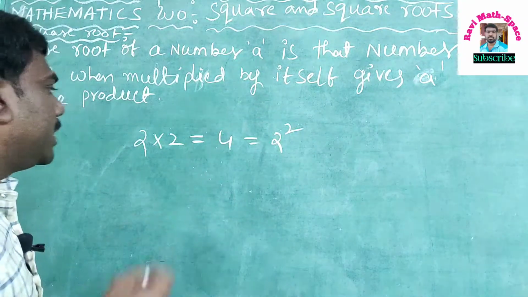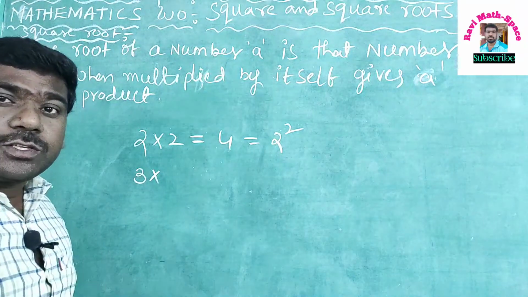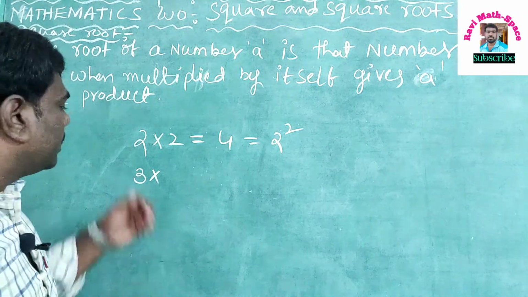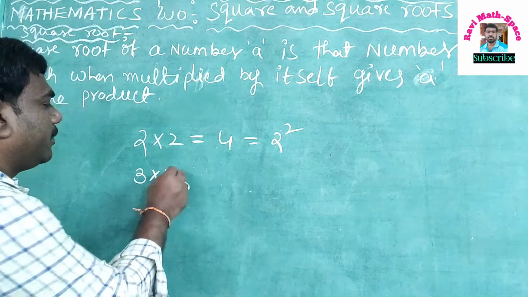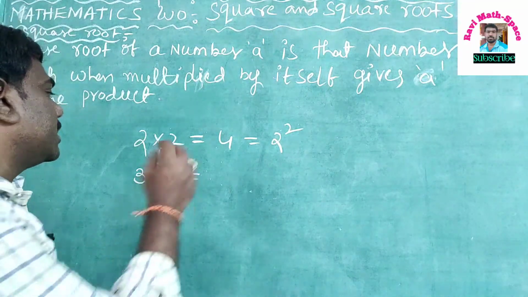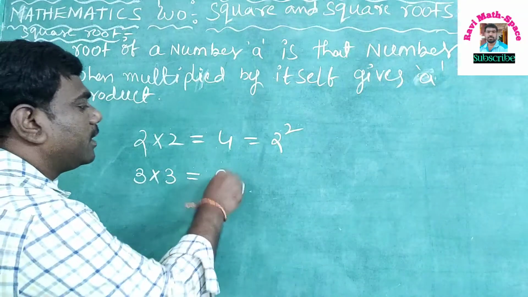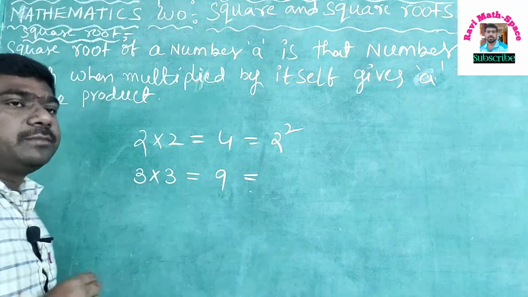One more number I take here. So 3 square I want. What should we do? 3 square means whatever number we are taking, that number multiplied by itself. Again we get the answer, which is nothing but the product, that is 9. So 9 is the square of this number.